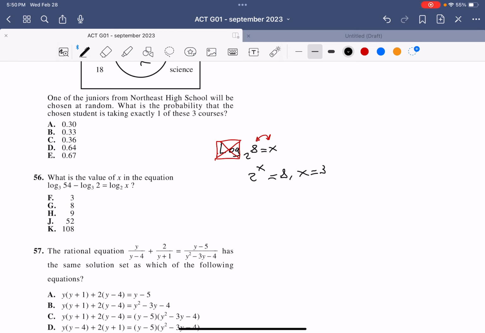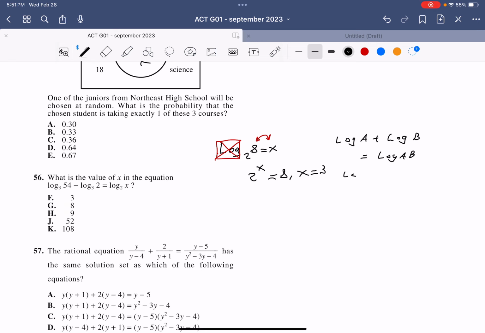Now, for this particular problem, there are some properties of logs that we need to know, so I'll give you an example of some of these properties. If I have the log of a, and I add that to the log of b, that would be the same thing as writing the log of a times b.